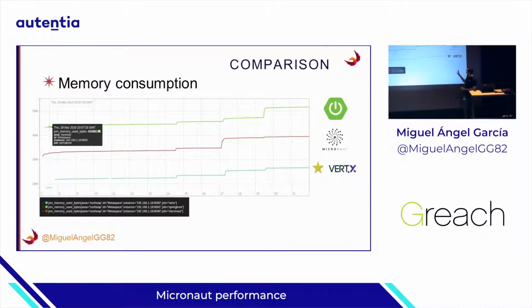So here you can see that about memory consumption, the best performance is Vert.x. This graph has been taken during the execution of the benchmark. Later I will explain how I measure this execution time. But as you can see, the memory consumption grows more or less the same, but the best figure is Vert.x.